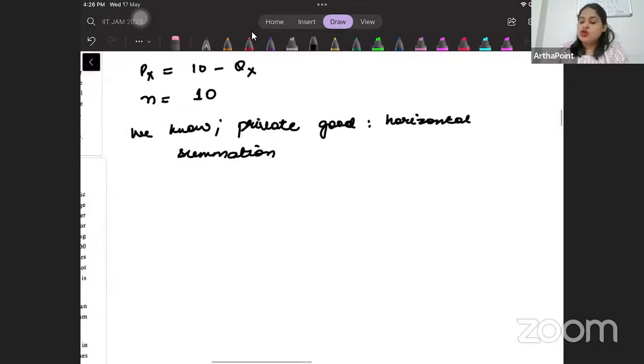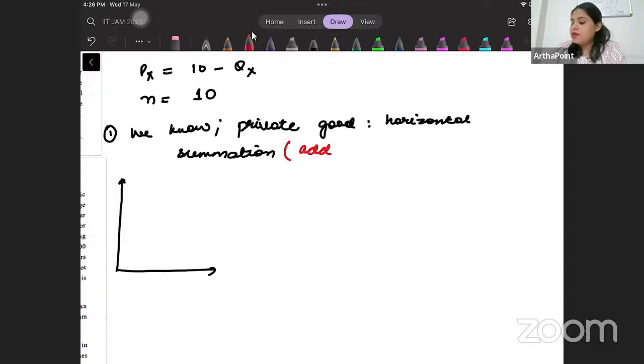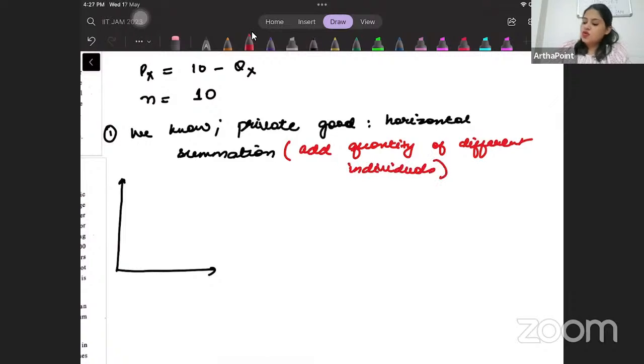What is the meaning of horizontal summation, beta? Horizontal summation is you take price as given and you add the quantity of different individuals. So what will happen?